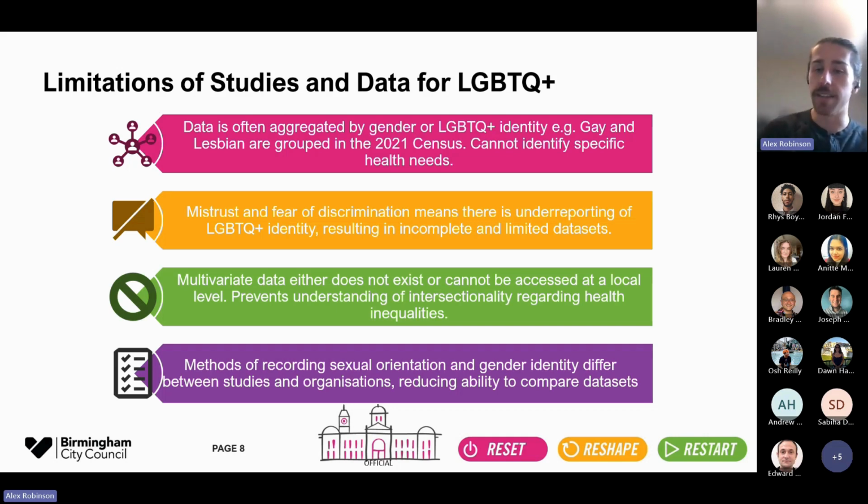One of the big issues with that is that it prevents consideration of intersectionality in understanding health inequalities and how those things can compound. So all of these issues make a strong case for improving data collection for the LGBTQ plus community within Birmingham, particularly regarding health and its wider determinants. But it's also essential that the community are consulted in the process of improving this data so that some of these issues I've just discussed aren't continued.